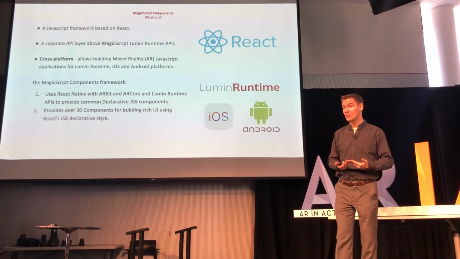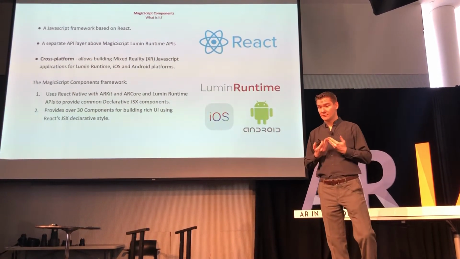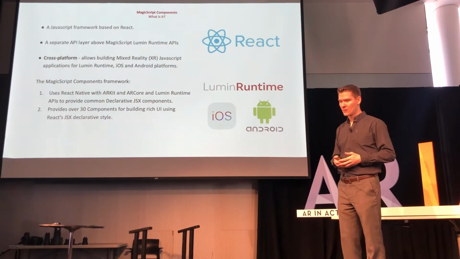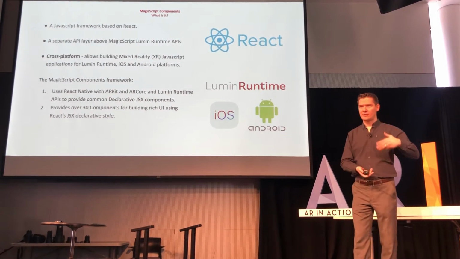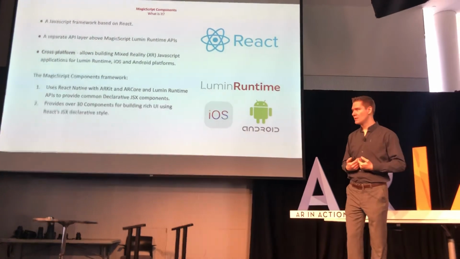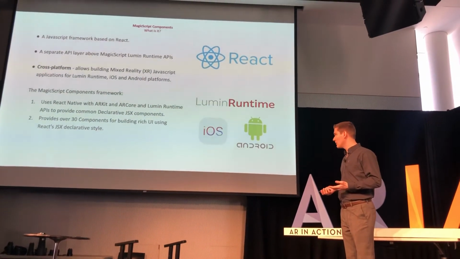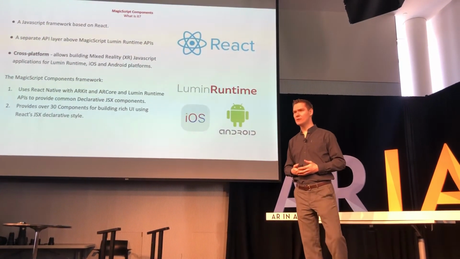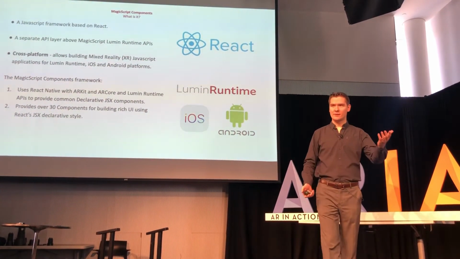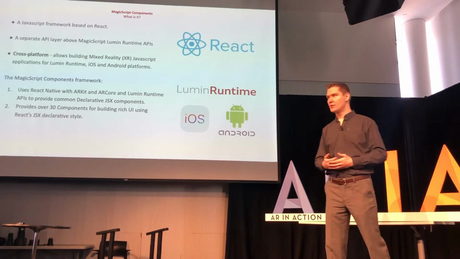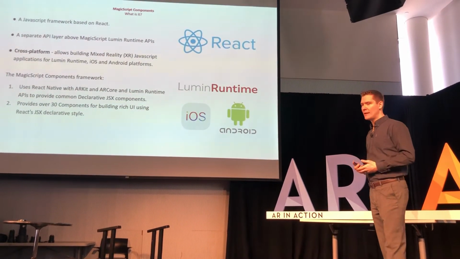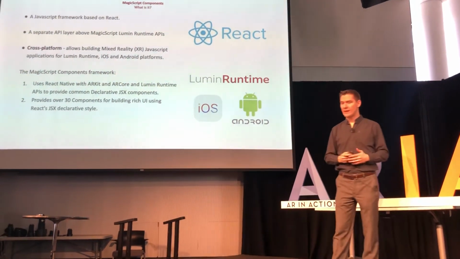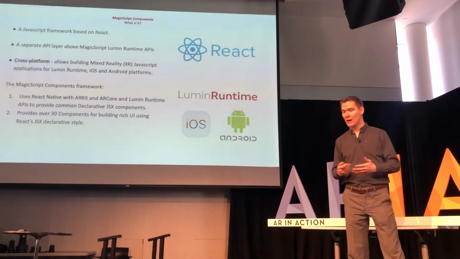So we built a cross-platform mixed reality JavaScript framework that runs on Lumen Runtime, iOS, and on Android. The declarative syntax that you get with the React programming style, you have that available for you as well. Right now, we've got a little over 30 different components that you can make use of. These are things such as buttons, 3D models, images, various layouts, as well as drop-downs, progress bars, the whole UI kit for developing rich UI.